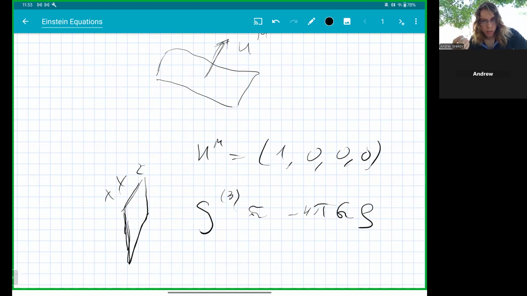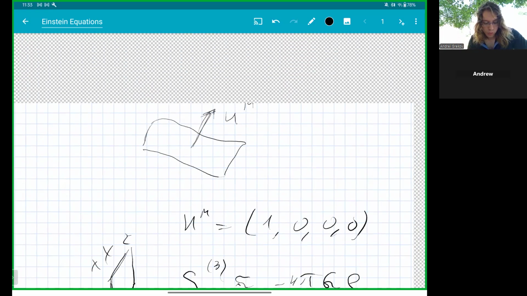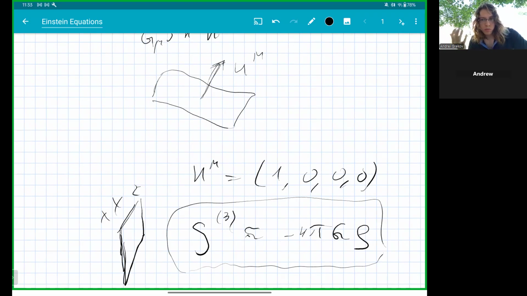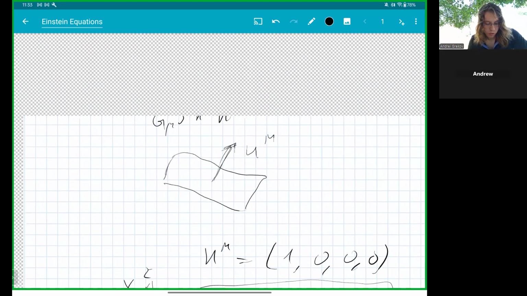You could say all other equations are just the way to make this equation generally covariant, that the meaning is encoded in this one, and all others are obtained by general coordinate transformation from this one.